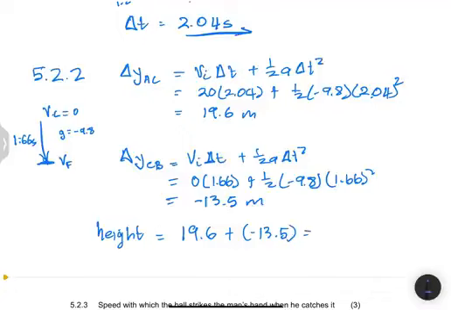Sorry about that. So in this case, I am going to get 6.1 meters as my final height. So that would be the first way of approaching this question.